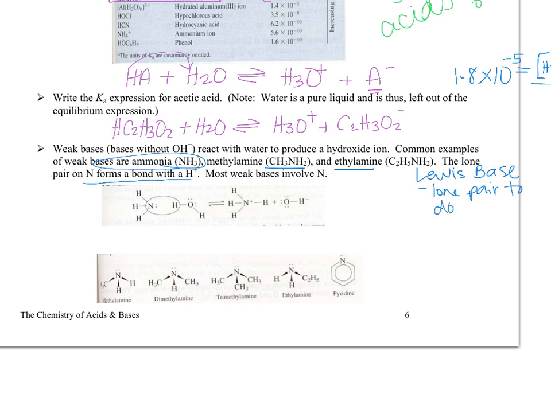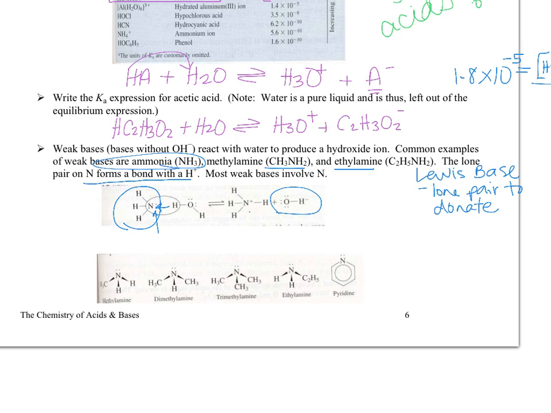Whenever we see nitrogen on the compound, almost 99% of the time it's going to indicate a base. That's what we're seeing right here, there's your lone pair. When it comes to the water, it's going to form a coordinate covalent bond and leave the hydroxide out. It's able to pull off the hydrogen with the strength of its electrons.